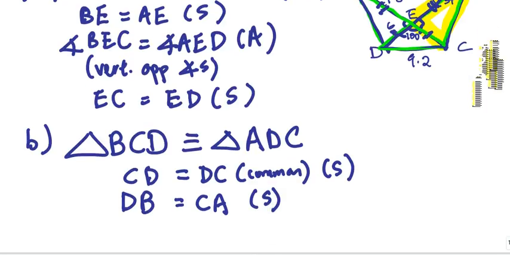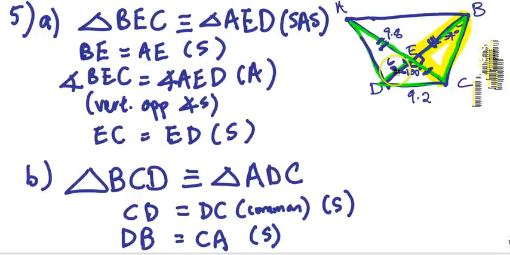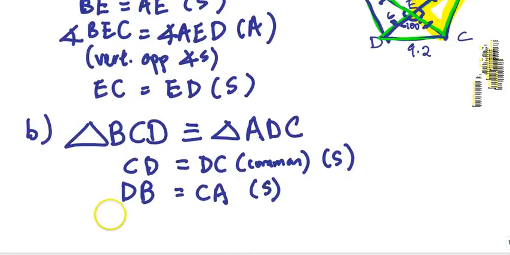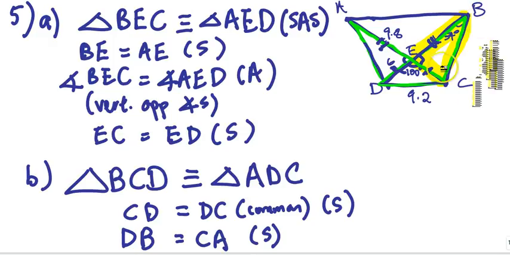And then the last side that we need to prove is, look at triangle BCD, this side here, right? Can we prove that BC is equal to AD? We can, because just now when we looked at triangle BEC and triangle AED in part A, we already know that these two triangles are congruent.